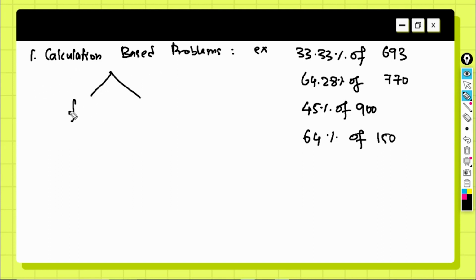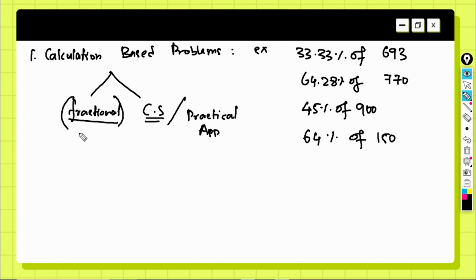First method is the fractional method. Second method I would say is the commonsensical method, or practical approach. We can call it a practical approach. Okay. First of all, we'll see this fractional method, which most of the websites will have. Some of the percentage values can be easily converted into fractions.